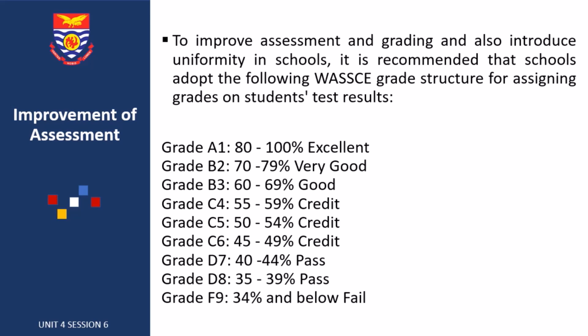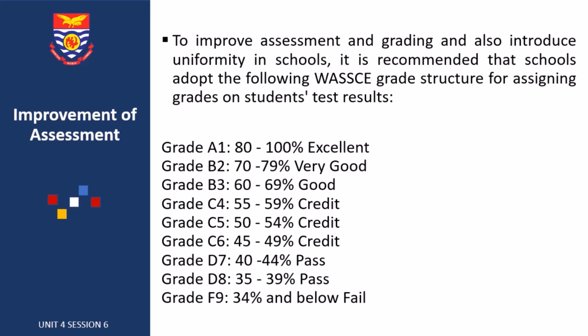Grade D7 is 40 to 44, which is pass. And D8 is 35 to 39, which is also pass. And then F9 means you have failed. When you are assigning grades to students' test results, you are encouraged to apply the above grade boundaries and the descriptors which indicate the meaning of each grade.